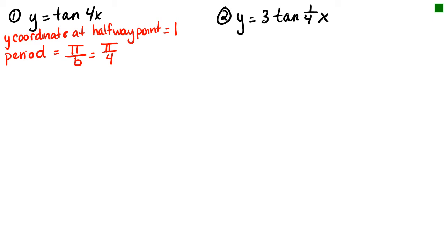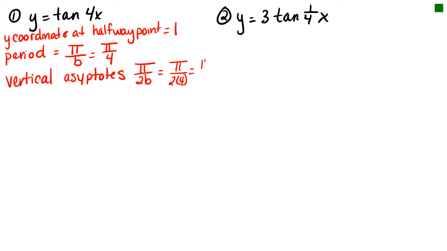And then my vertical asymptote is at pi over 2b, which equals pi over 2 times 4, which is pi over 8. So let's graph 3 periods of this.